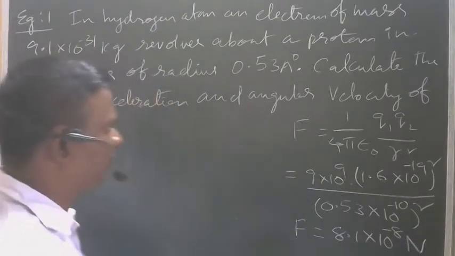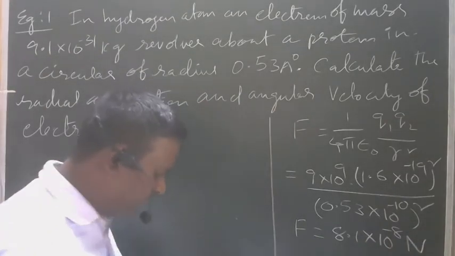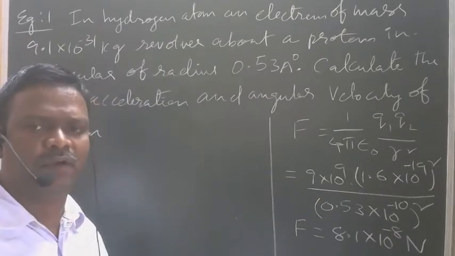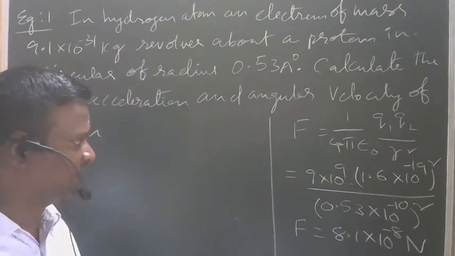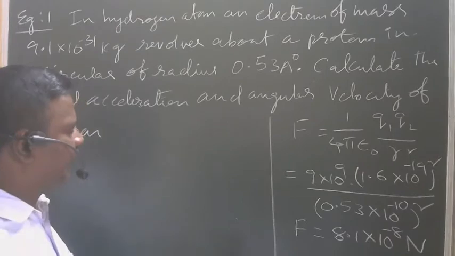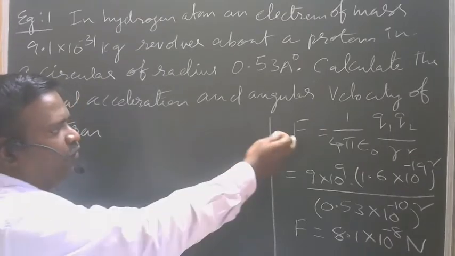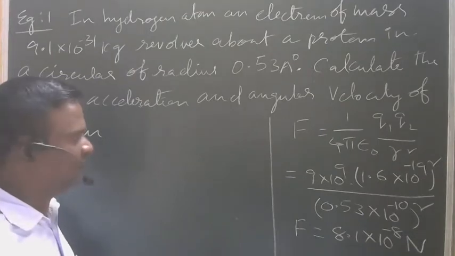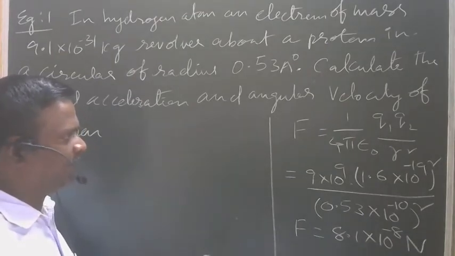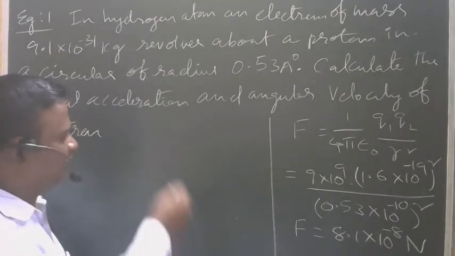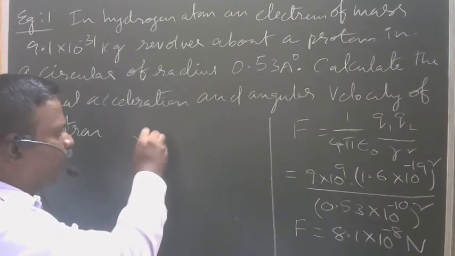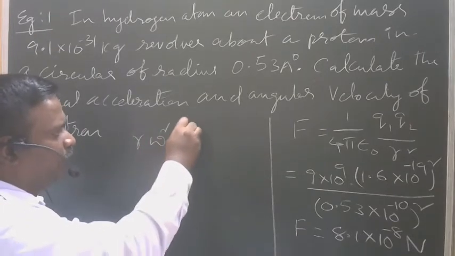Next I have to find the acceleration. The acceleration is F by m. Therefore r omega squared is equal to F by m.